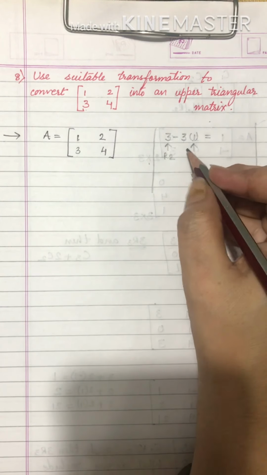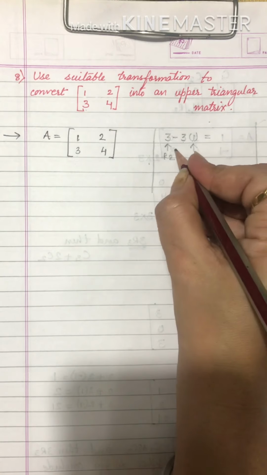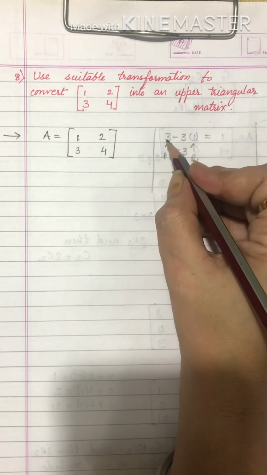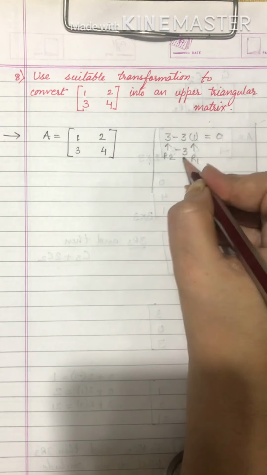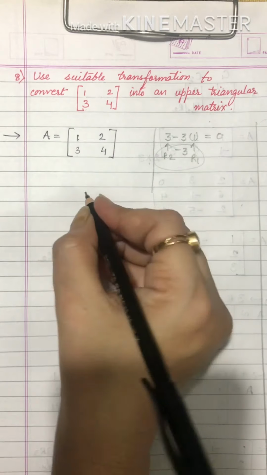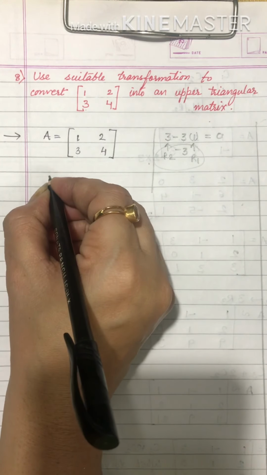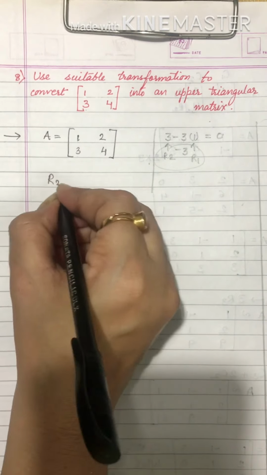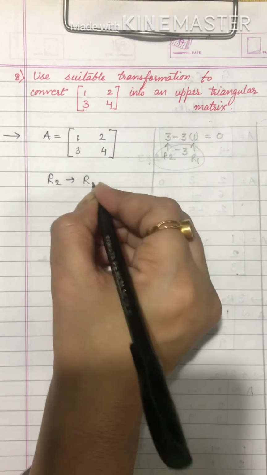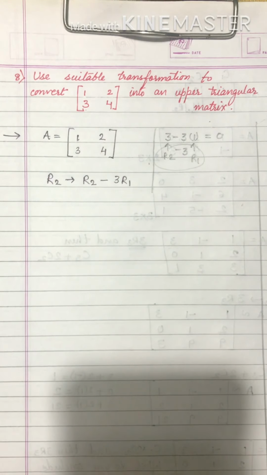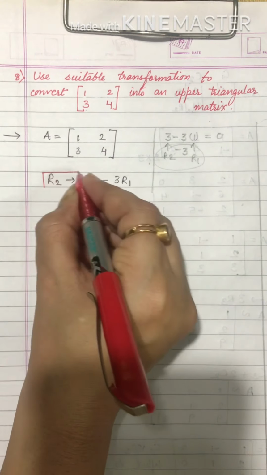And what I have taken on my own is minus 3. So here we get the transformation: 3 minus 3 gives us 0. This is the transformation which we need. Since we are going to make the transformation in R2, I write R2 minus 3R1. You got it, how I got the transformation.